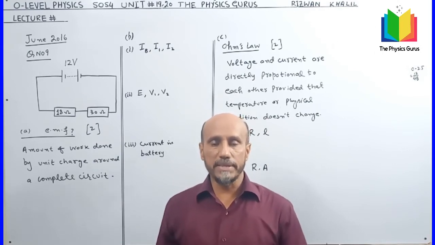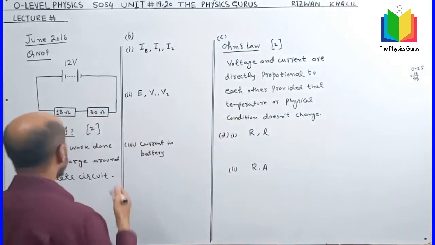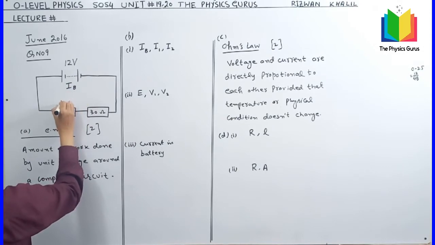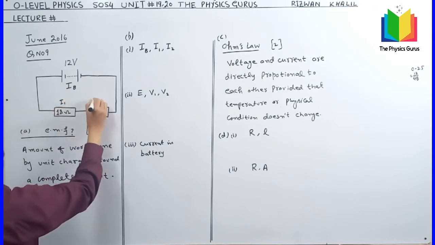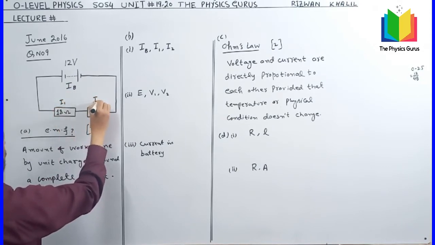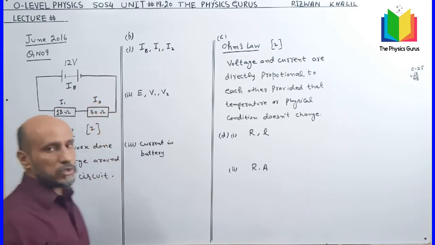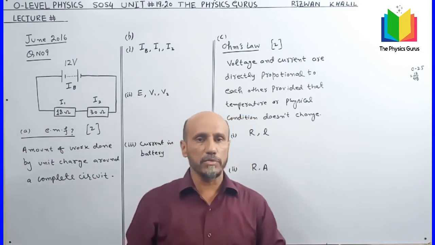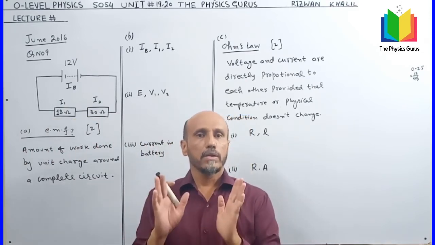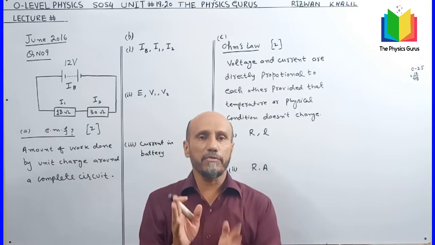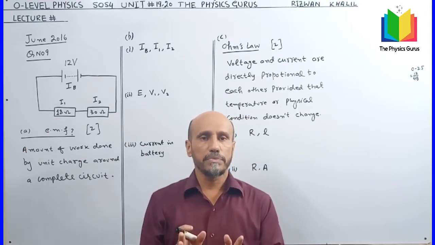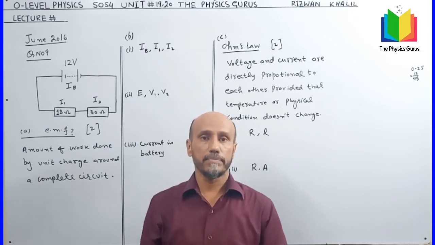The best method is to always label these parameters over here: IB, I1 and I2. Now this was the series combination, and we have studied that in a series combination of resistors the current passing through each resistor remains the same.